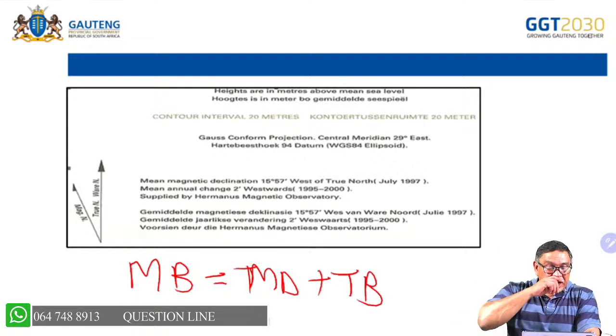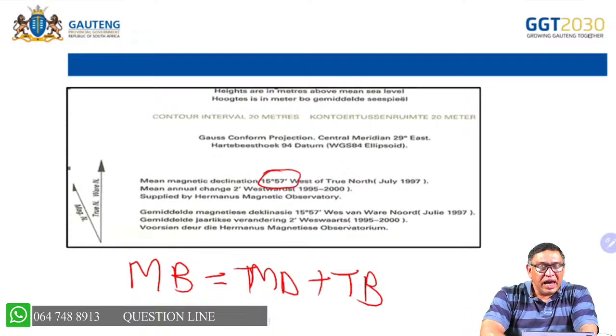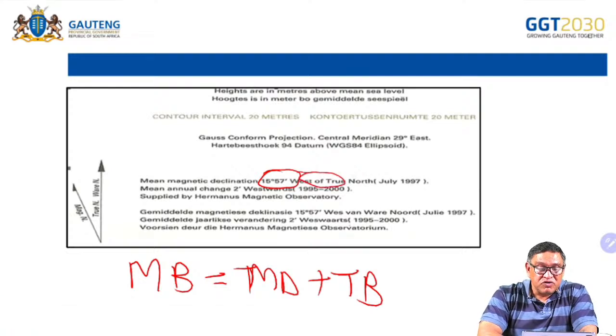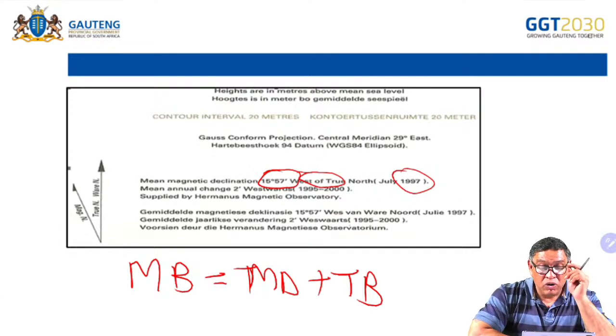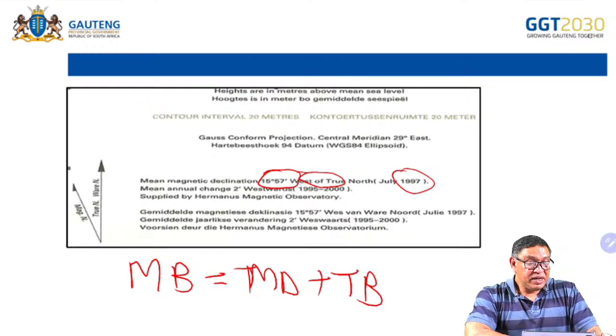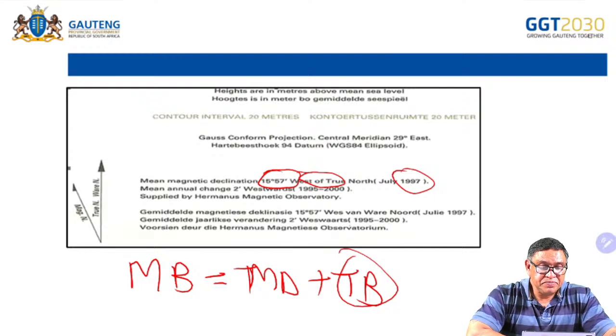The first step is to work out the magnetic declination. This one is given as 15 degrees 57 minutes west of true north for 1997. So I have to work out the magnetic declination, and I have to work out the true bearing. So let's look at it.